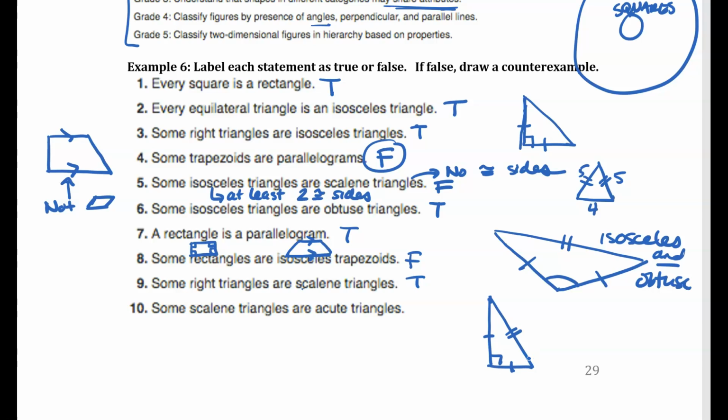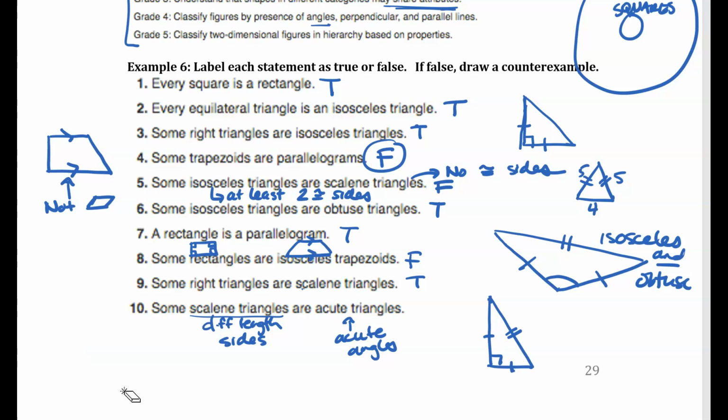And then last but not least, we've got some scalene triangles, so every side is different lengths, are acute. So that means I've got to draw a triangle that has 3 sides that are different lengths. And acute means all acute angles. So I could draw maybe like this.